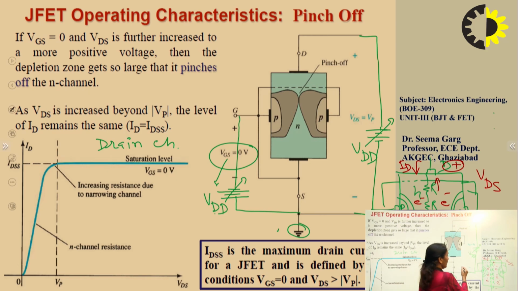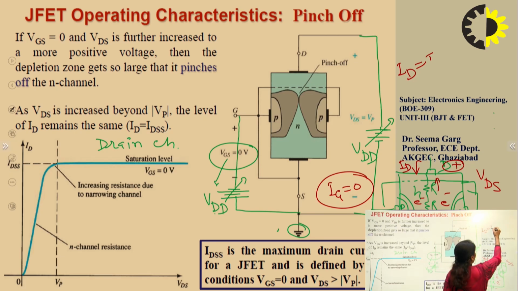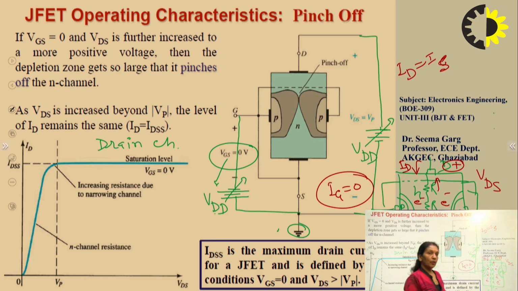The gate current in a junction field effect transistor is 0 because of the very high input impedance, and that is why only one current is present, the drain current. If IG is equal to 0, the drain current should be equal to the source current. So input and output currents are the same, and that is why we have only a single current in the circuit, the drain current.